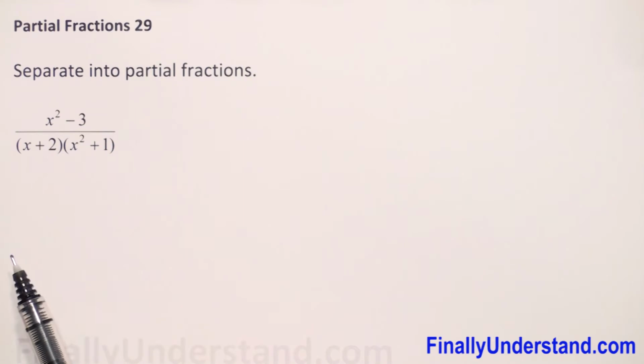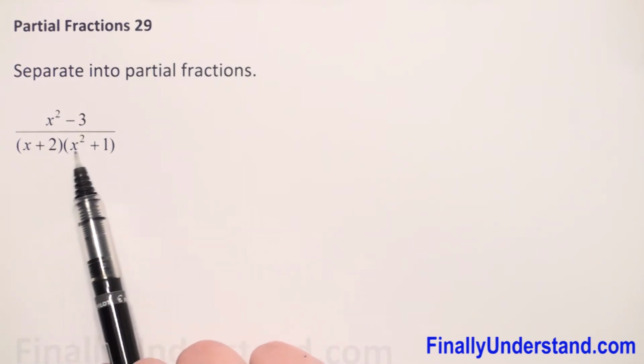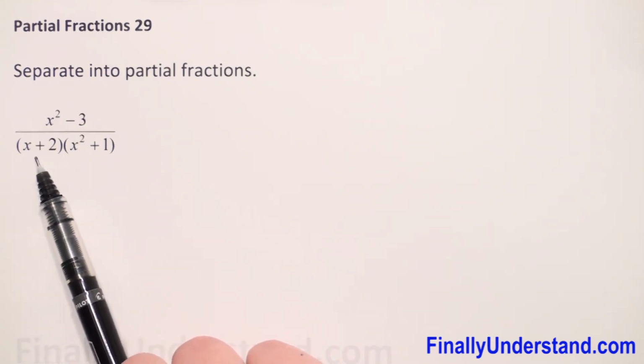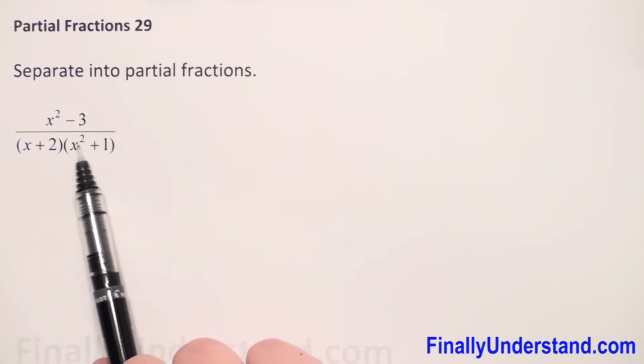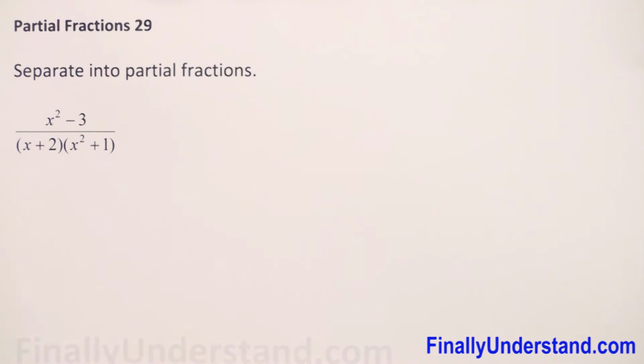Next step, we have to check if we can factorize our denominator. We have x plus 2, we cannot do anything here, and x squared plus 1. So we cannot factorize x squared plus 1. So everything is done. What can we do next?